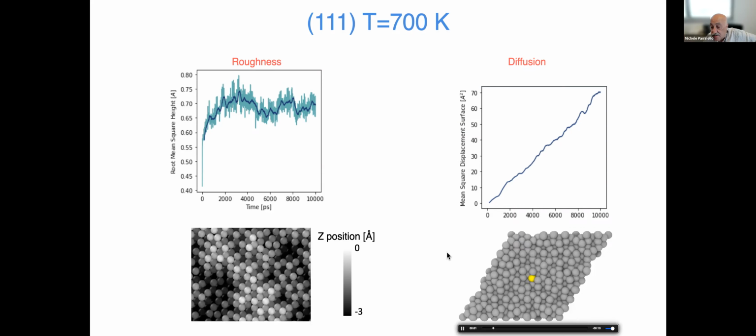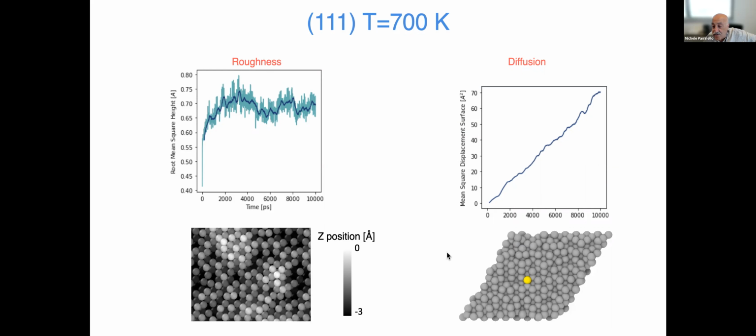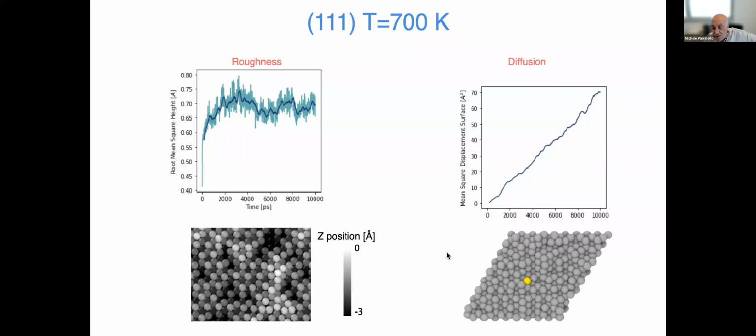And you see, I tagged one atom yellow to see where it goes, but all atoms do the same. There is nothing special about the yellow atom. It just goes wherever the thermodynamic conditions take it. So the first layers of iron are far from being flat or even resembling what happens at T equals 0.